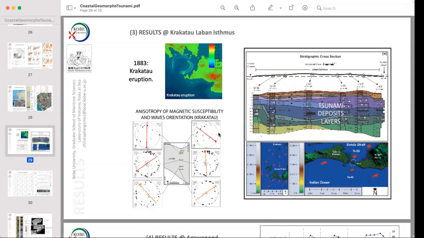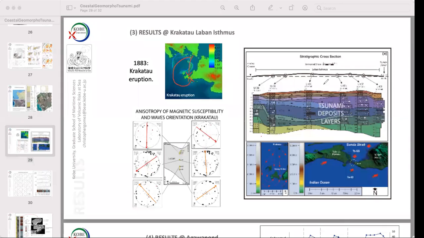And for that, we use the AMS methods here. And from that AMS method, we could see that the tsunami had gone straight from the volcano into the Laban Isthmus. But we also had waves that had gone all around and attacked from that side.